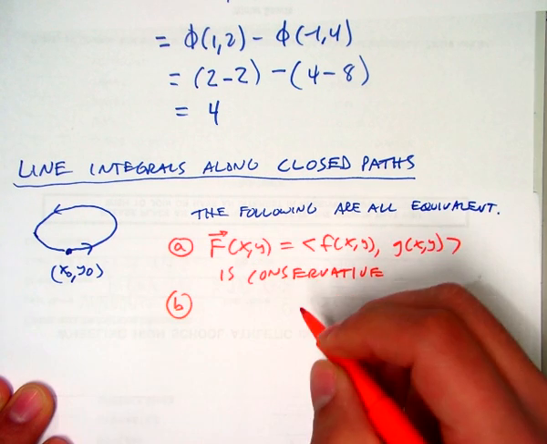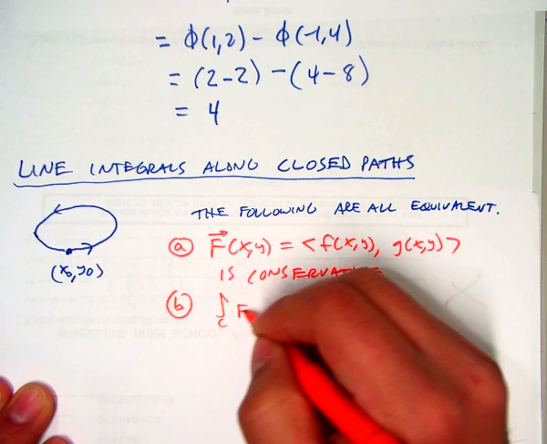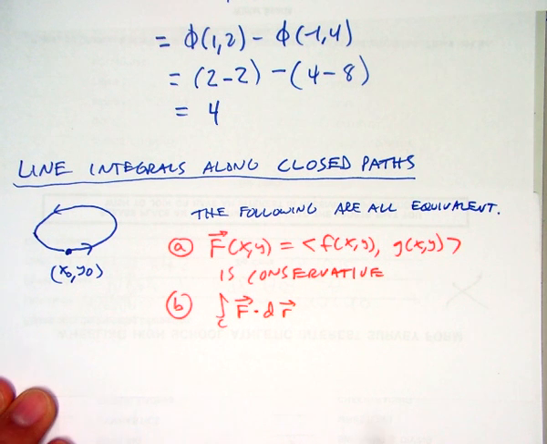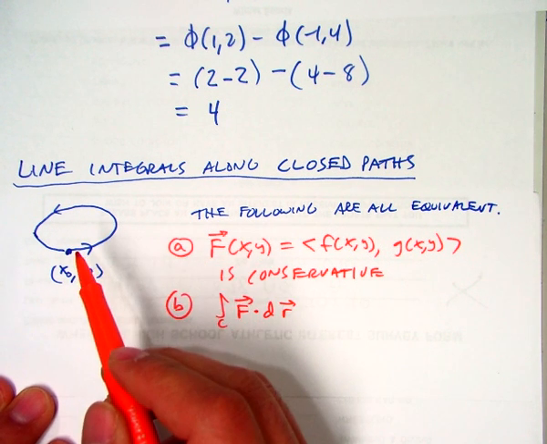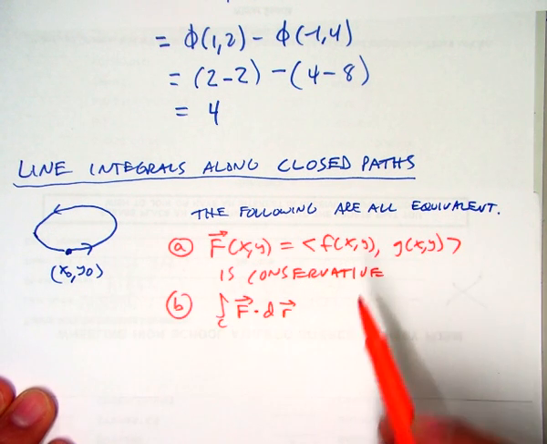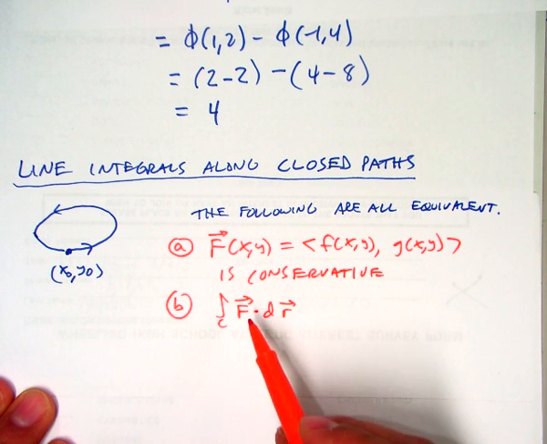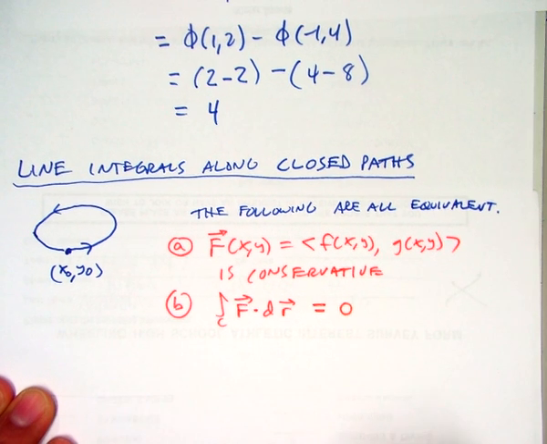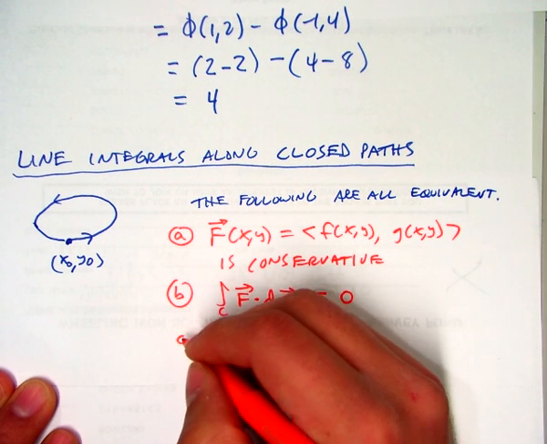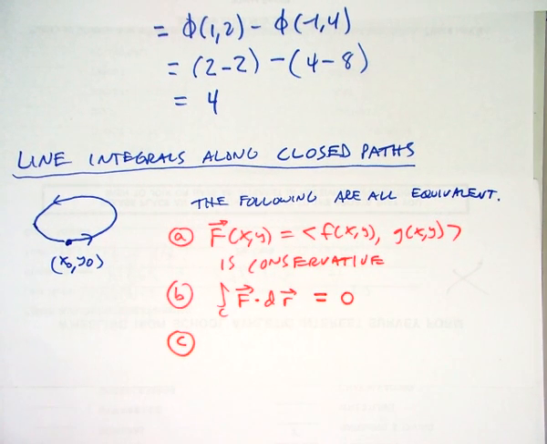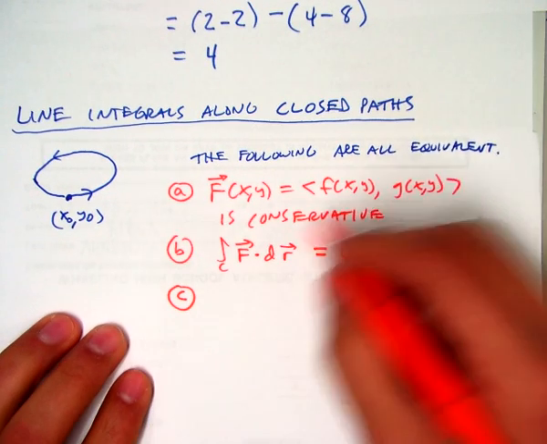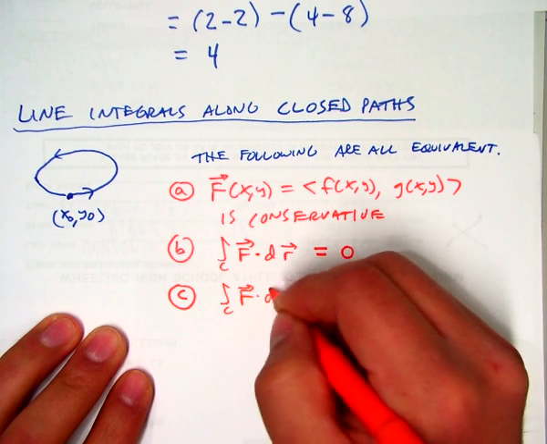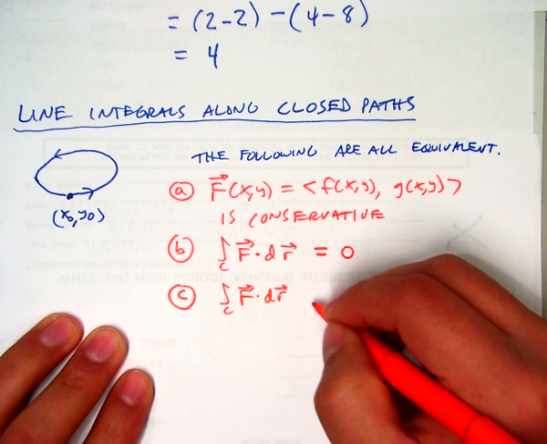Means the same thing, and you guys can probably figure this out on your own. If we have a closed path, and we're talking about conservative vector fields here, what's this line integral going to be equal to? 0. Good. And of course, if this is conservative, then the line integral of f dot dr is independent of path.